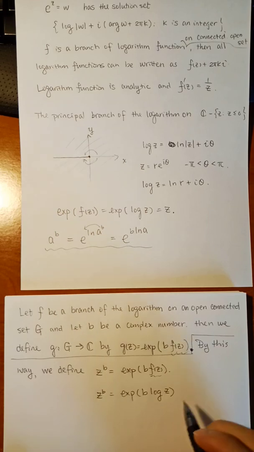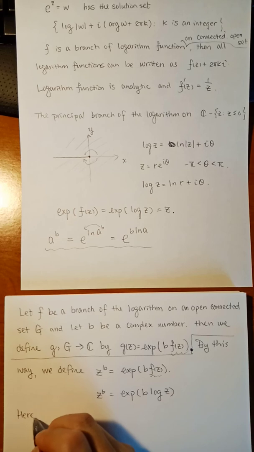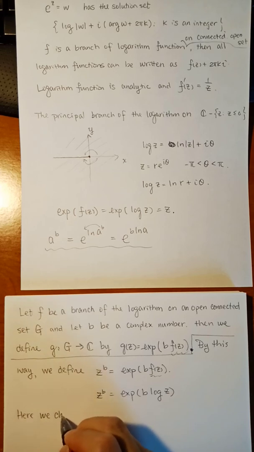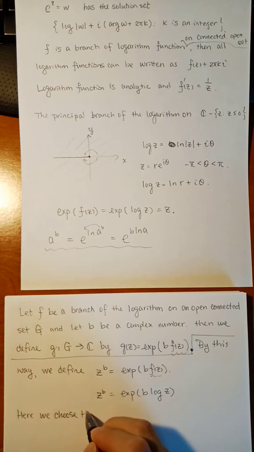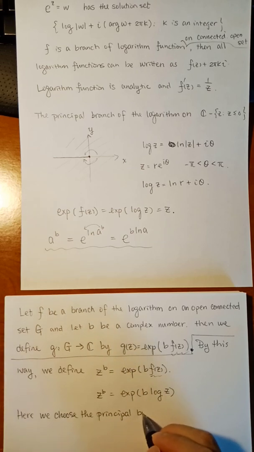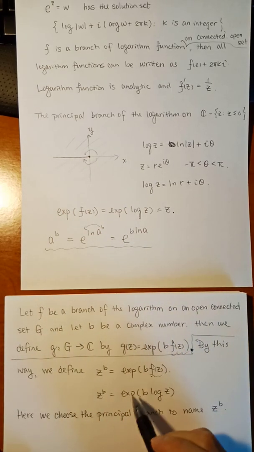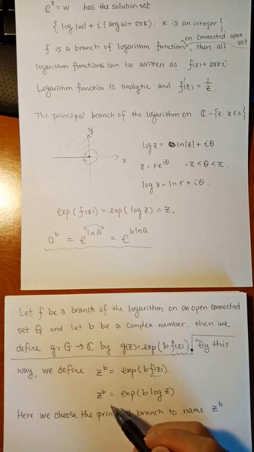So here we choose the principal branch to define z to b. For whatever other composition, you can say that, but usually we do not call it z to b.